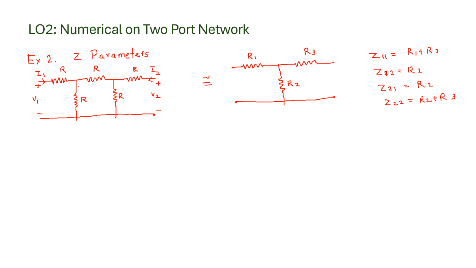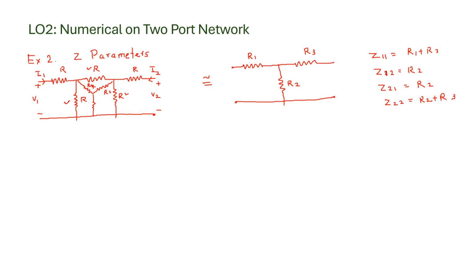So what we will do, now this resistor, this one and this one are connected in delta. So let us convert this into an equivalent star like this. Let this value be Rx, or say R1, R2.